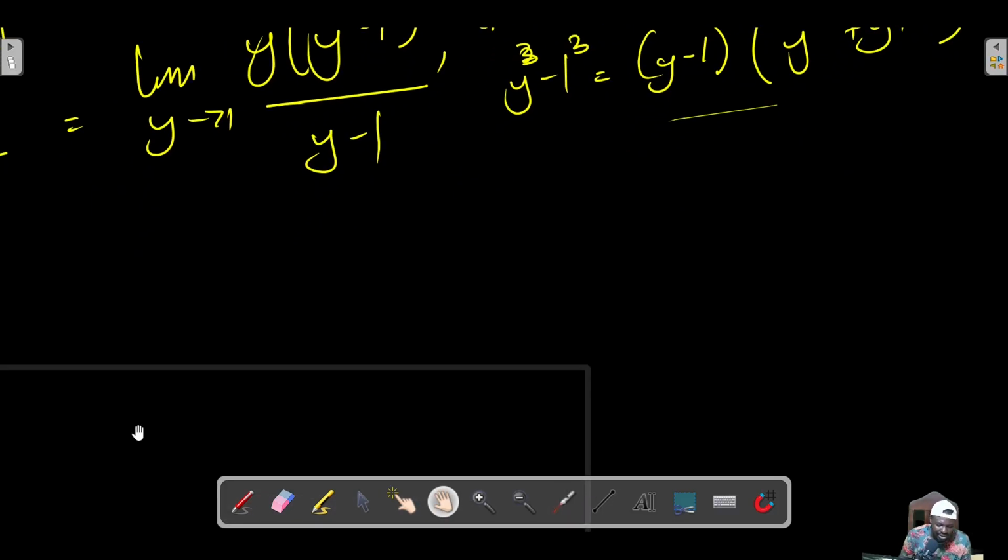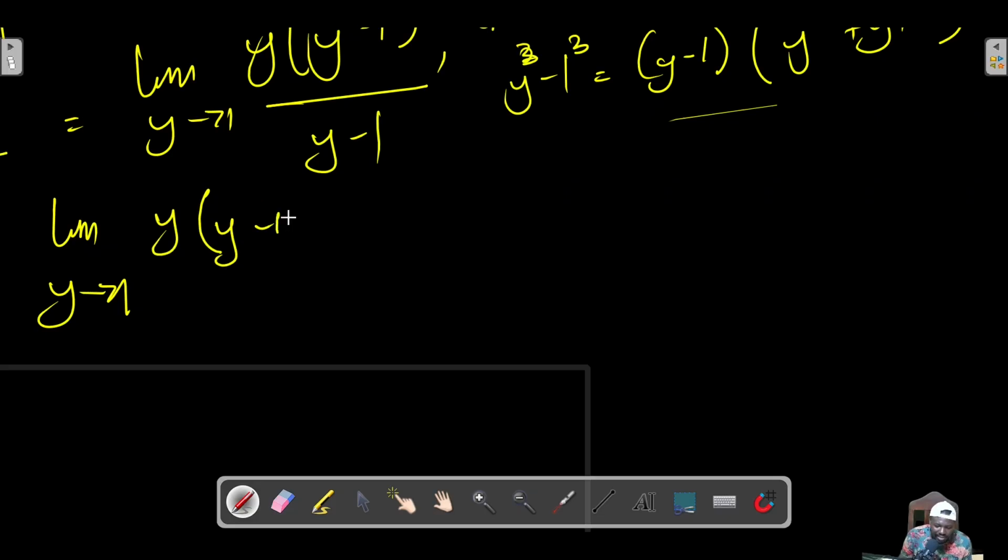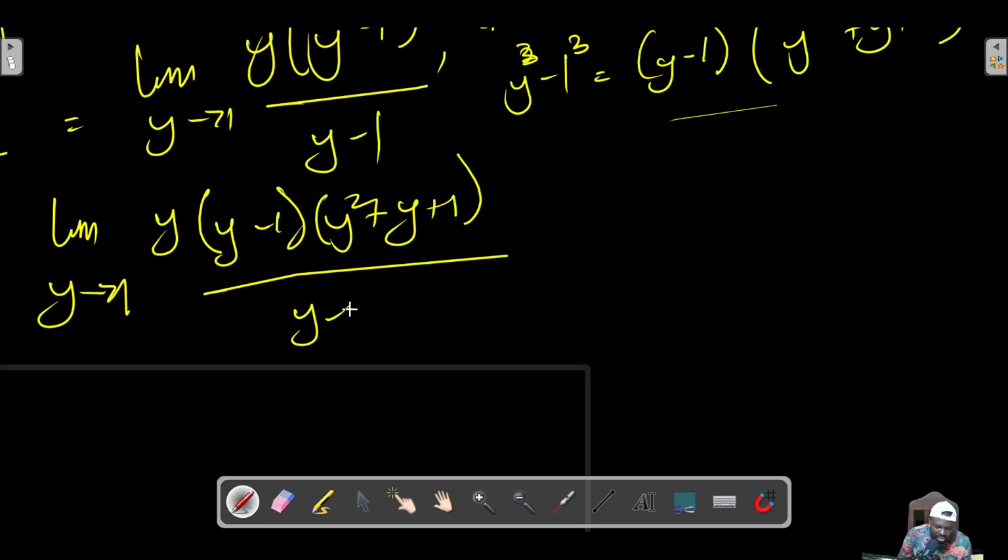So let's continue. What am I getting? The limit as y is approaching 1 of y multiplying y minus 1, multiplying y squared plus y plus 1, all on y minus 1. What are we getting?